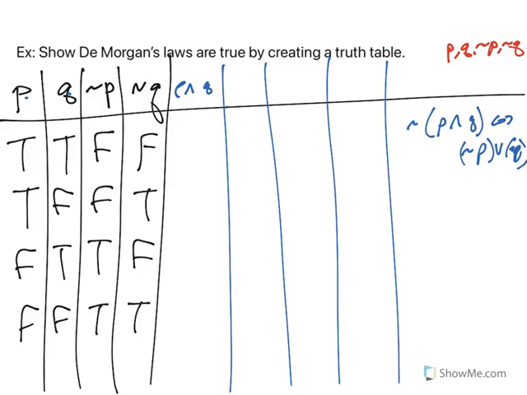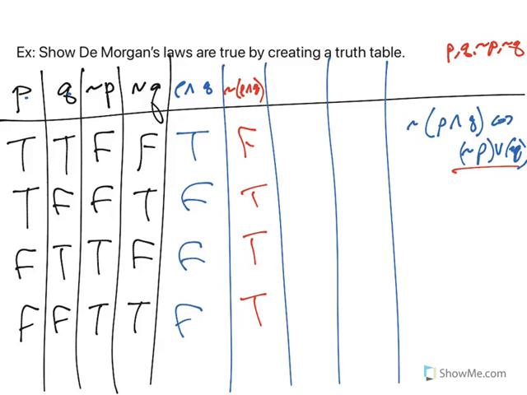So P and Q is true, false, false, false. Now not (P and Q), I just switch them: false, true, true, true. Now I can compare that to the right side, not P or not Q.